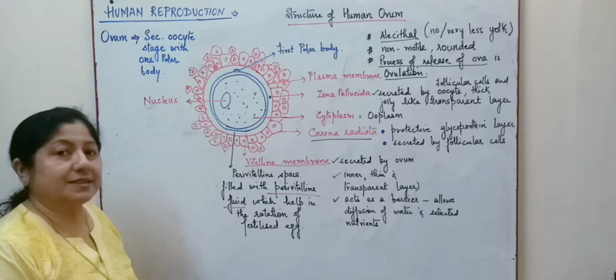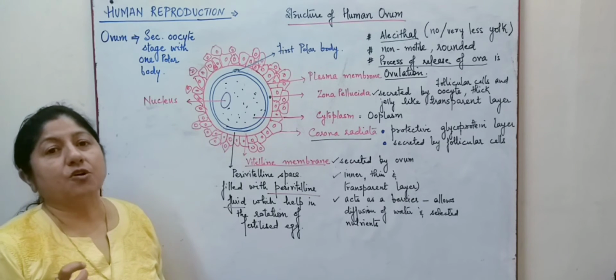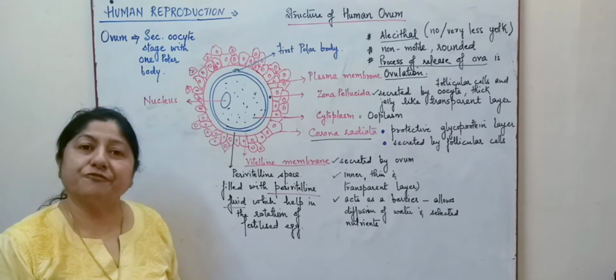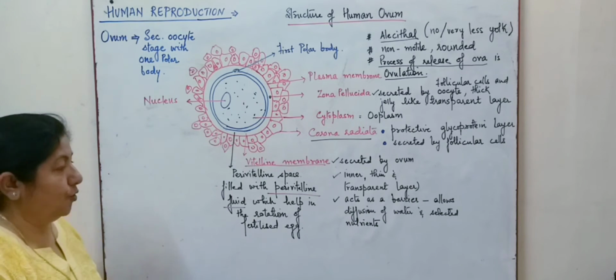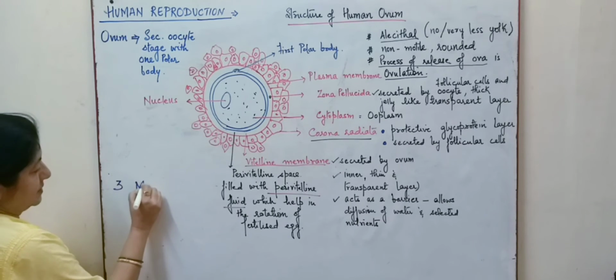It is alecithal, non-motile, rounded structure, and the process of release of ova is known as ovulation, which happens every month.